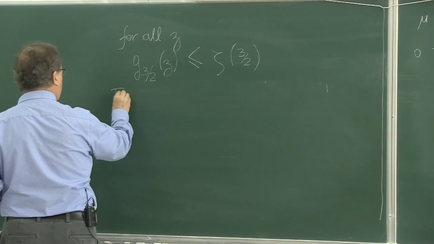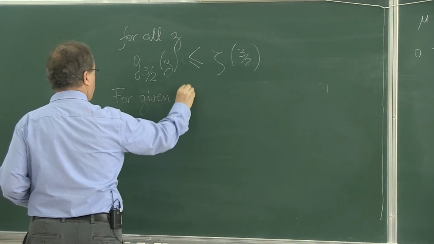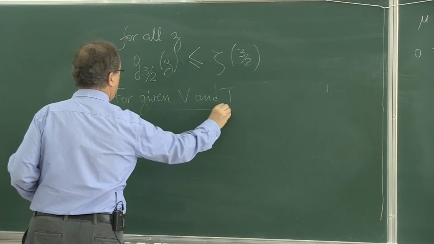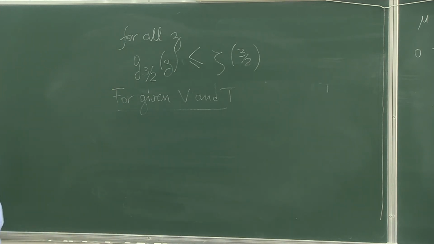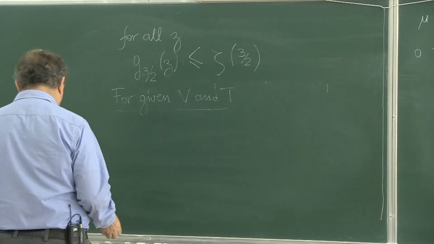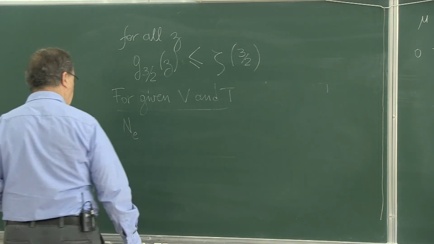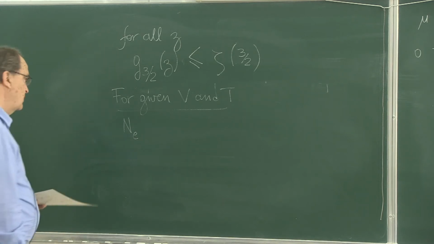Well, for given V and T, for any volume of the system and at any temperature T, you can write the following for the number of bosons in the excited state.